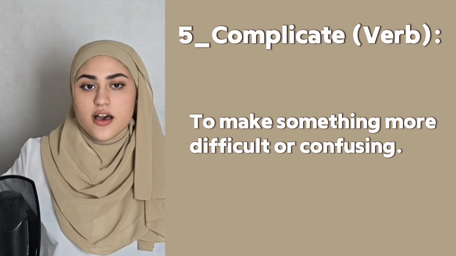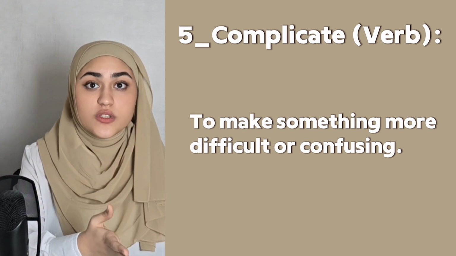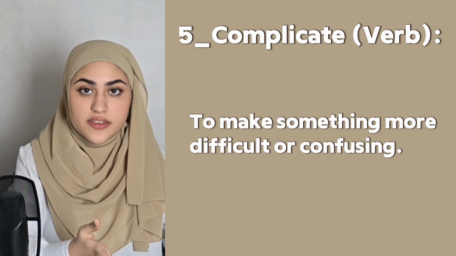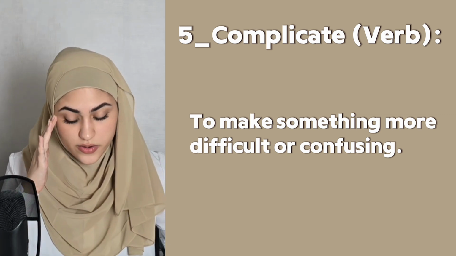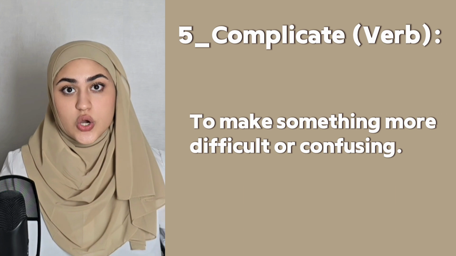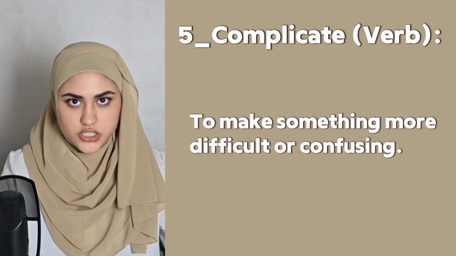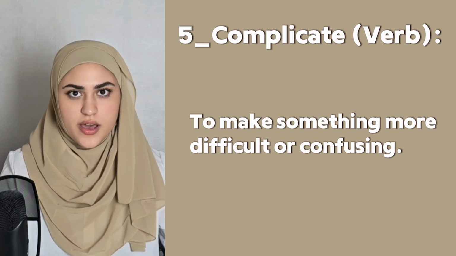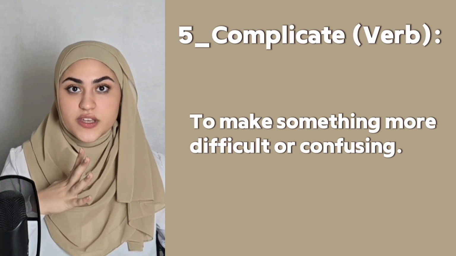Maybe we're just confusing the situation, and maybe we're confusing the people with that thing that we're doing, and all that will get harder to understand and to figure out in order to solve it, in order to see things clearly. So we can complicate a situation by asking, for example, stupid questions when we're trying to solve a problem together. For example, we're a group, we're trying to solve something important.